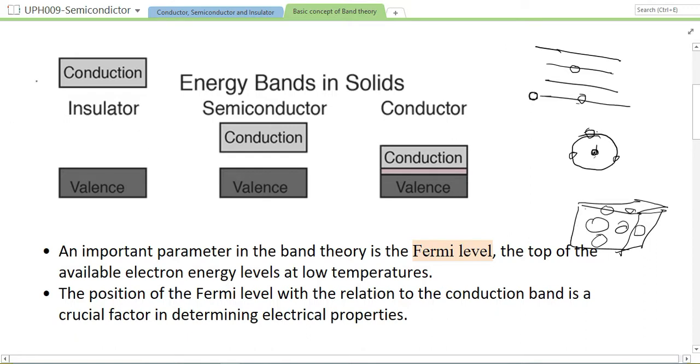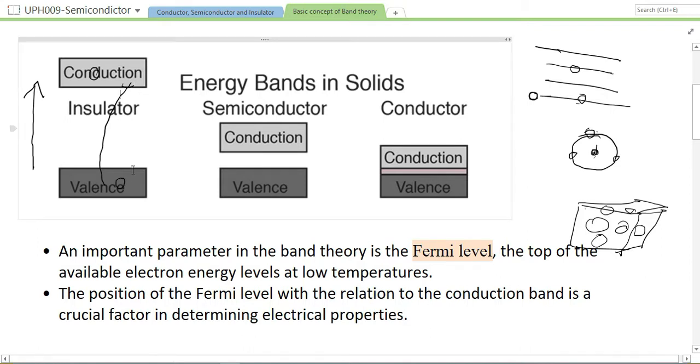Vertically, it's energy. An electron in the conduction band has more energy than one in the valence band. So the conduction band is like an excited version of the valence band. If an electron gets energy, it can jump from the lower energy level to a higher energy level, right?